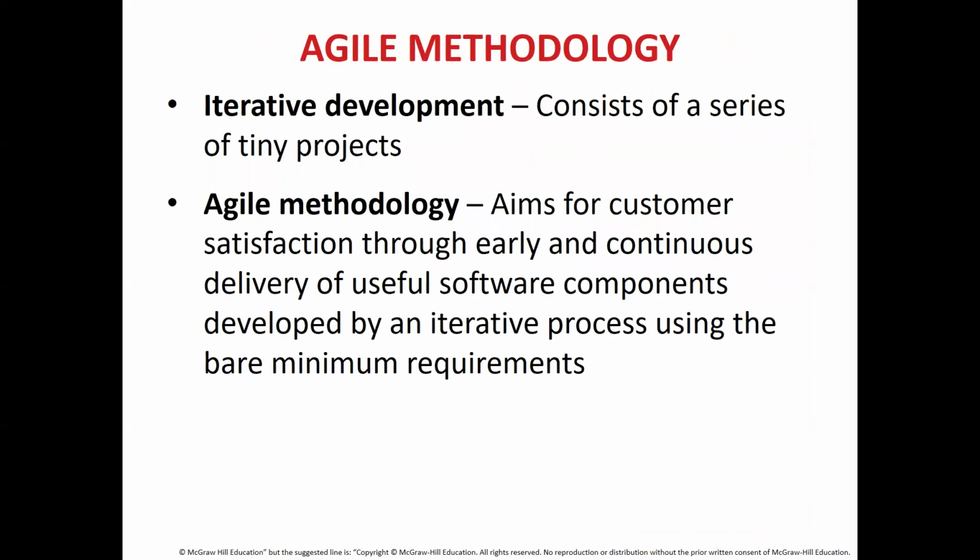Agile methodology. It is an iterative development. When you say iterative development, that means it's something that repeats or continues over time, and consists of a series of tiny projects. Agile methodology aims for customer satisfaction through early and continuous delivery of useful software components developed by an iterative process using the bare minimum requirements.